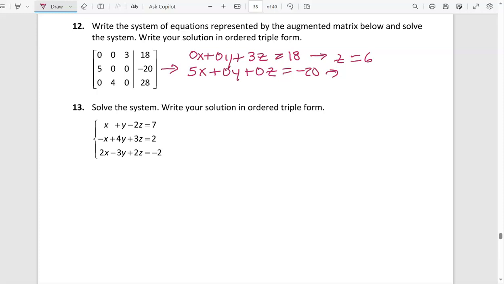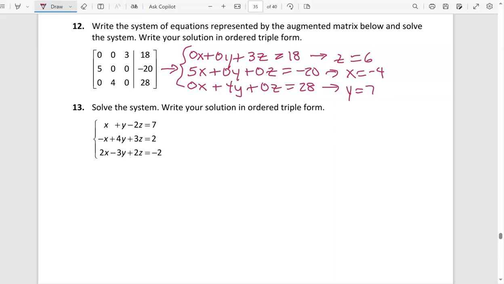That's just 5 times x is equal to -20, so x is -4. And the last equation, 0x plus 4y plus 0z is equal to 28. That's just 4y is equal to 28, so y is equal to 7.